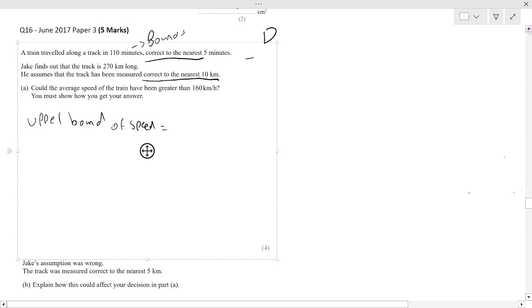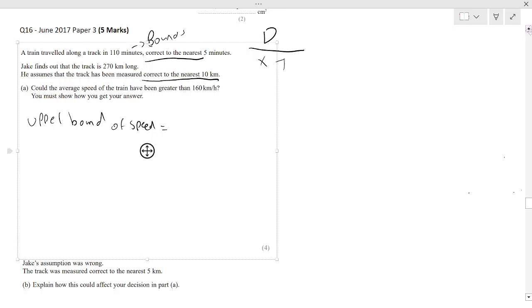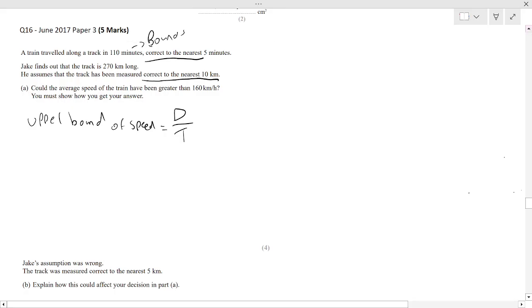Distance, speed and time. And again, like with density earlier, if you want your speed, you cover that up and you do distance divided by time. So d over t, or distance over time. Okay, cool. So I'm just going to leave it there for now, but we want the upper bound, right? But speed is obviously distance over time, right?